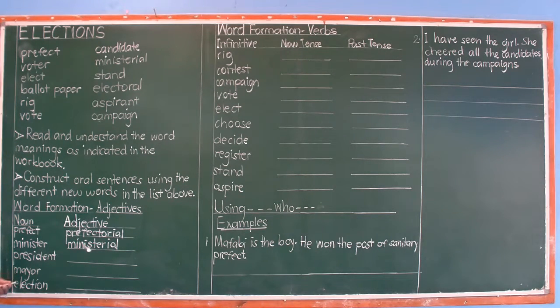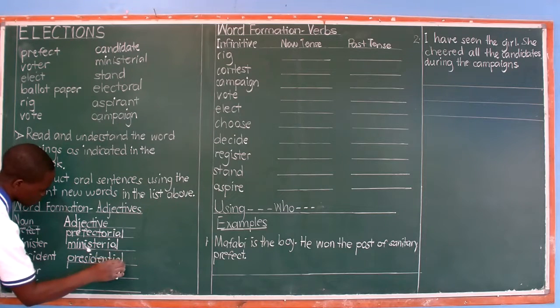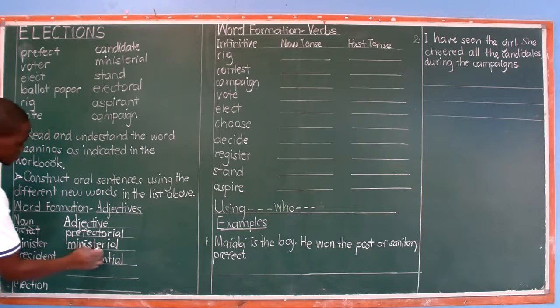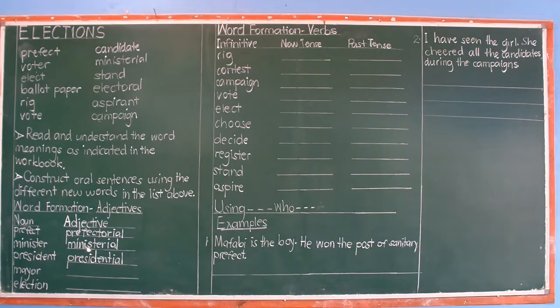We recently had presidential elections in Uganda. So we see the word president changes to presidential to become an adjective. Presidential jet, presidential elections, presidential candidates. Different presidential candidates participated or aspired for that top job in Uganda in January this year.